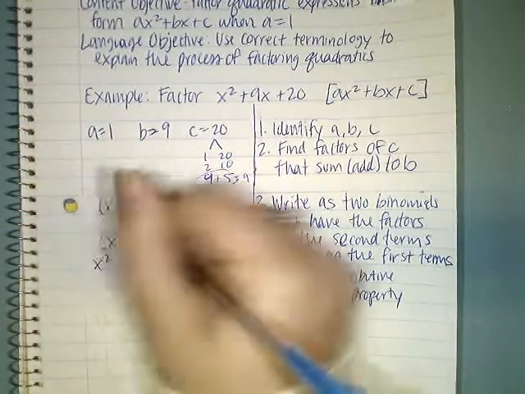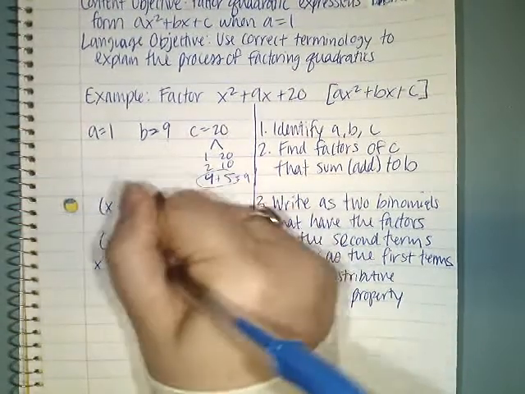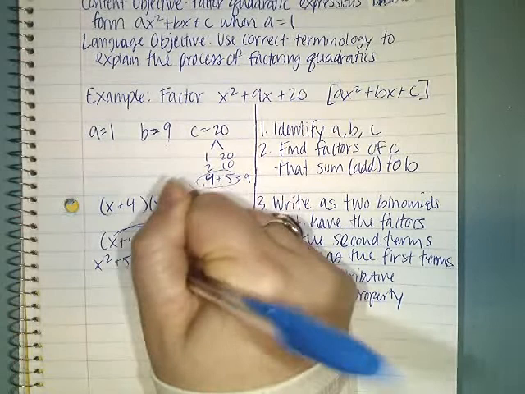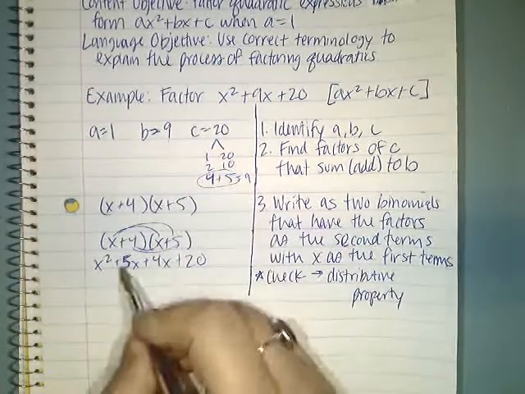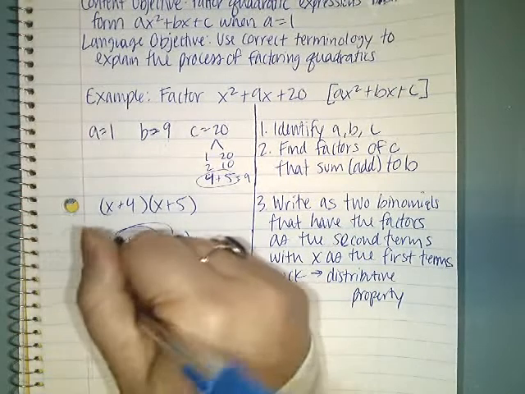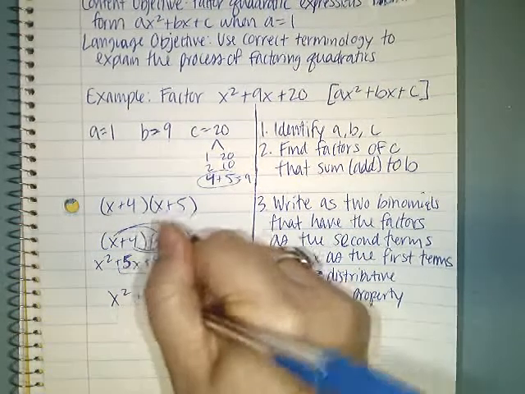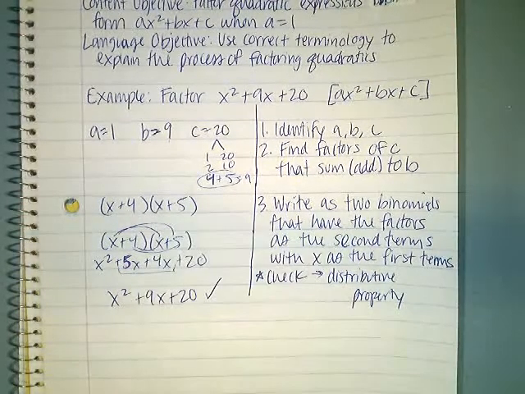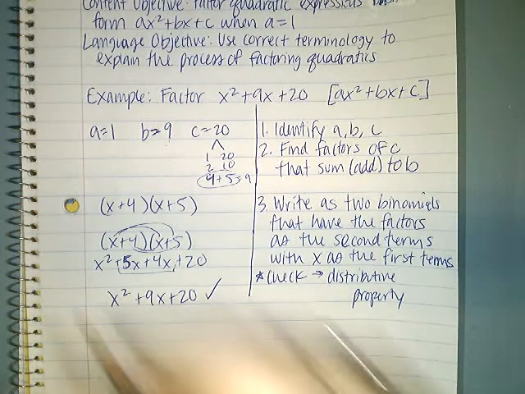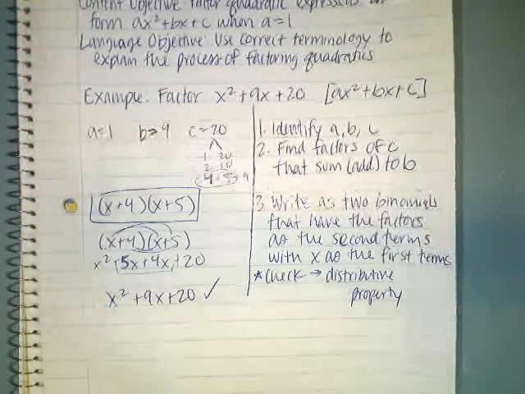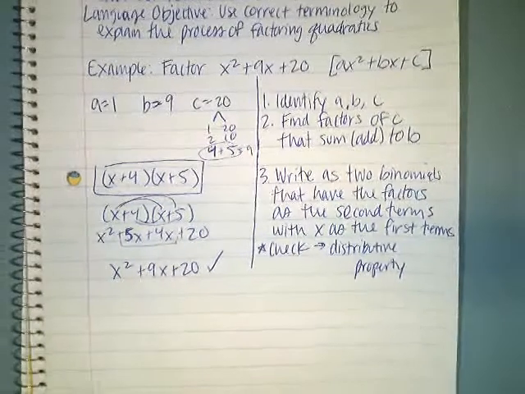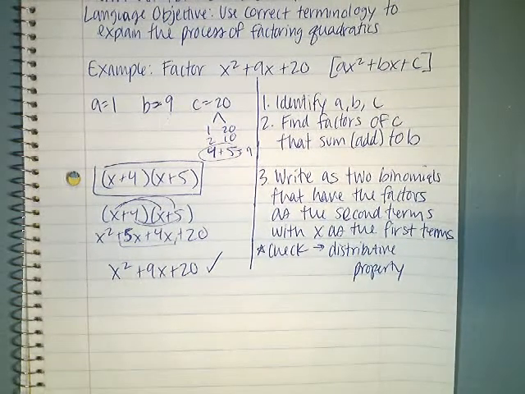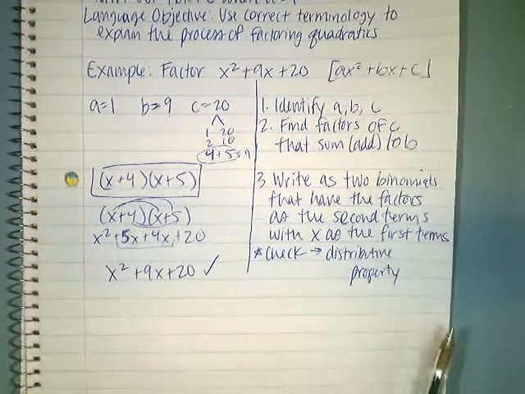So I have x squared plus 5x plus 4x plus 20. I combine my like terms and I get x squared plus 9x plus 20. That indeed checks out. So my answer was exactly what I found: x plus 4 times x plus 5. So that's how we factor when a is 1. We just find factors of c that add to b and make two binomials.